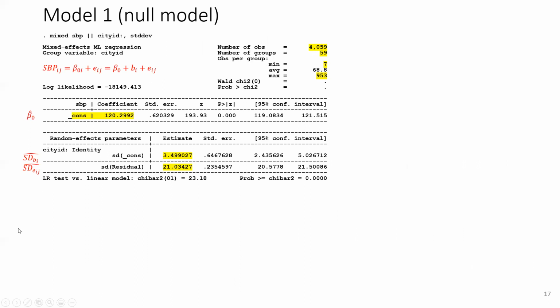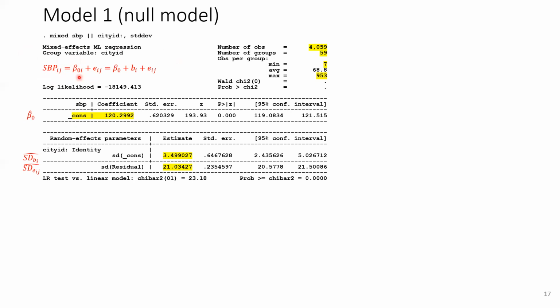And for this one, I think I'm going to use a pointer. So this is the model equation which I presented previously. Systolic blood pressure is given by a city-specific intercept plus residual. The residual is the difference between the city-specific mean and the individual blood pressure.